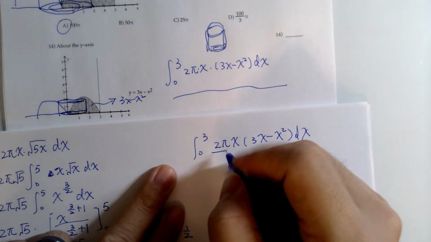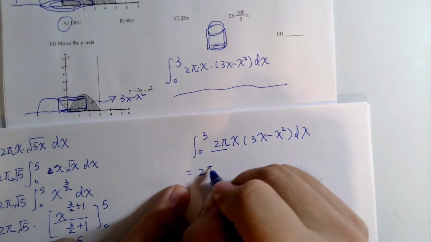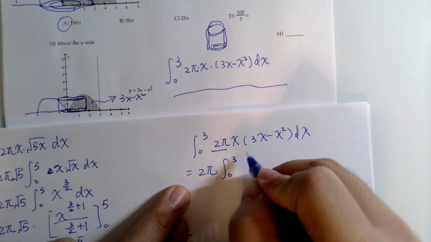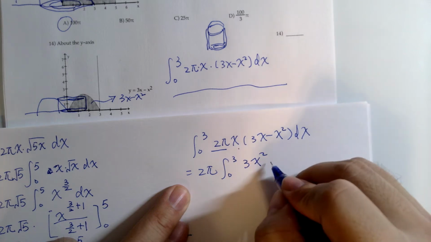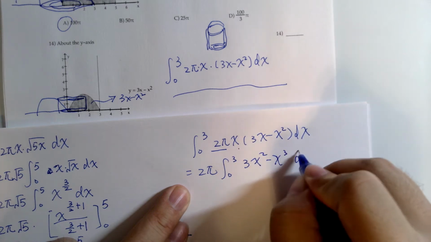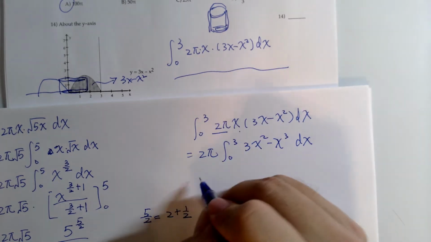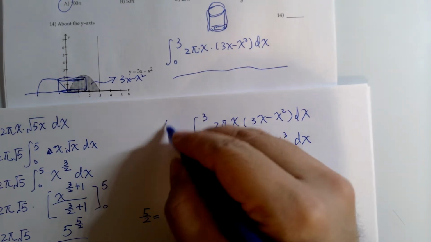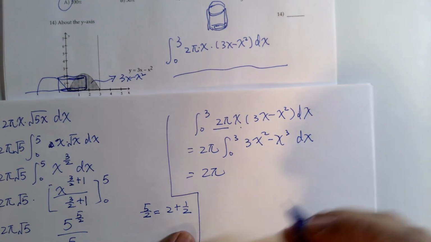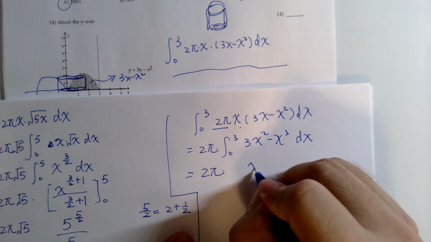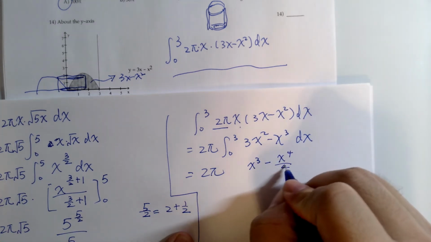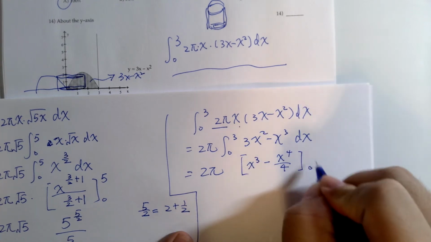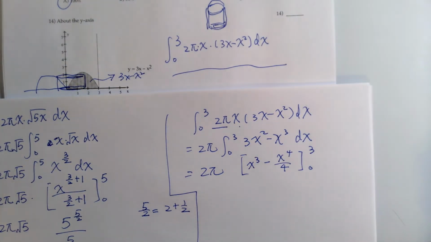We can factor the 2 pi out, so that is 2 pi, 0 to 3. x times 3x is 3x squared, x times x squared is x cubed, dx. So we get 2 pi times x cubed minus x to the power 4 over 4, from 0 to 3.